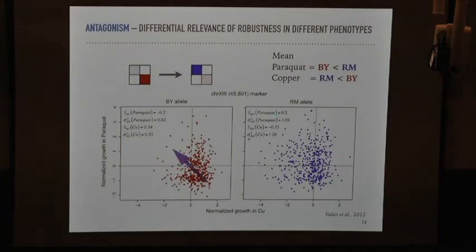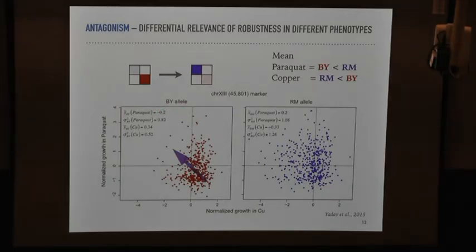It's the loss of robustness, or release of variance, which actually leads to the change in mean. If you compare the variance of the BY allele in copper, it is 0.52 here and 1.26 here, and even though the paraquat variance doesn't change much, the mean has changed from positive 3.4 to negative 3.3, and from negative 0.2 to 0.2 here.